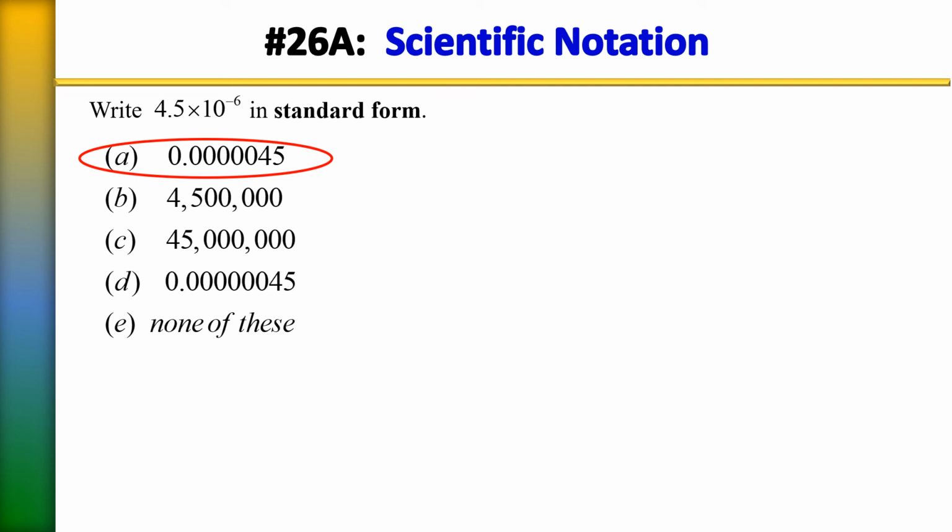That tells us we're going to, from that decimal point, move 6 places to the left. So if we move 6 places to the left and insert a decimal, we're basically going to make the number a smaller number. So from the decimal point, move 6 places to the left and insert the decimal, and there you have it, choice A.